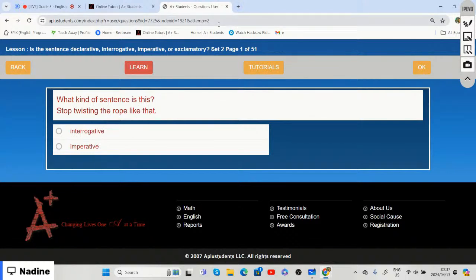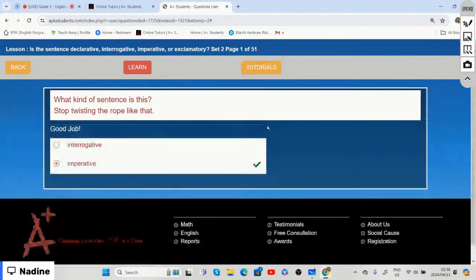All right, and if we say, stop twisting it like that, this is a command, which means that this is an imperative sentence, right? So well done.